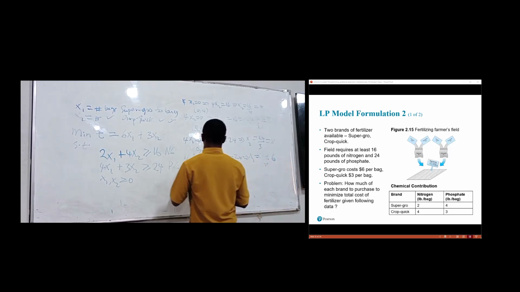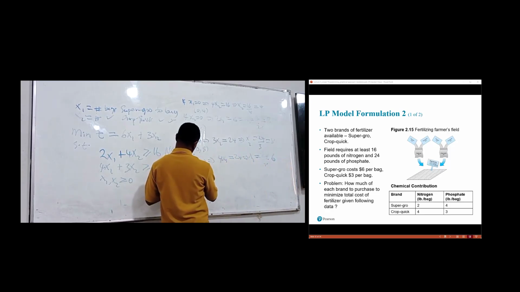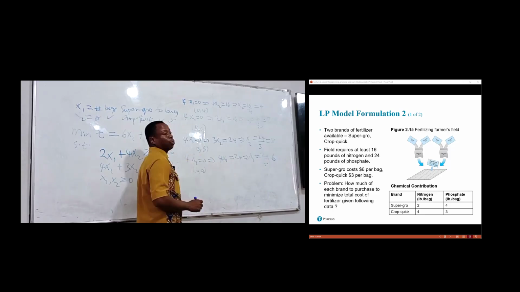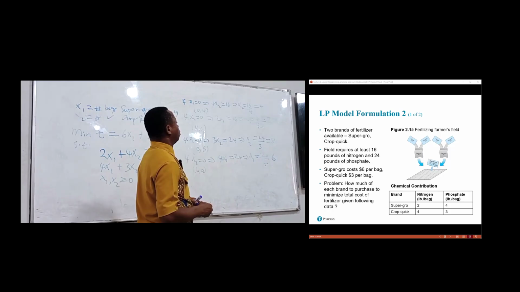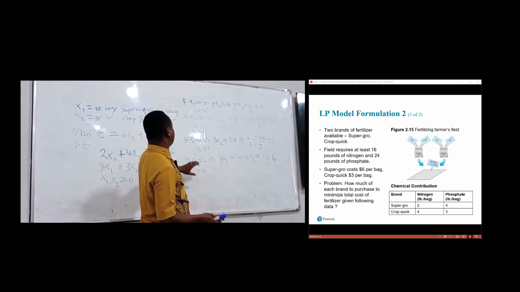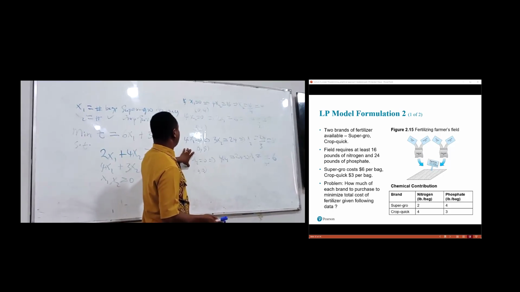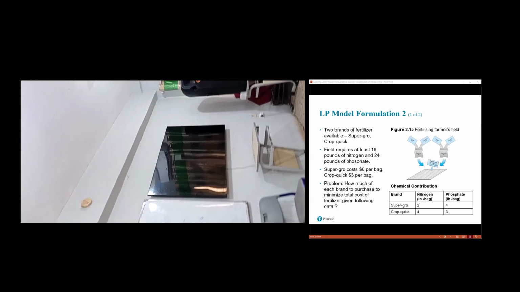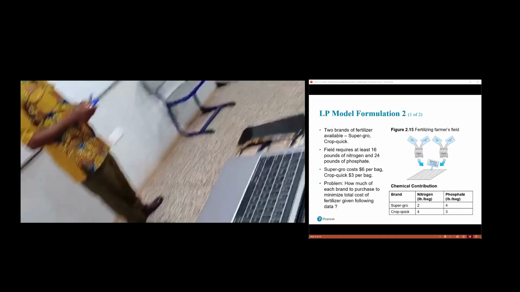So our third coordinate will be 6 and then 0. So this is the nitrogen, and this is the phosphate constraint.